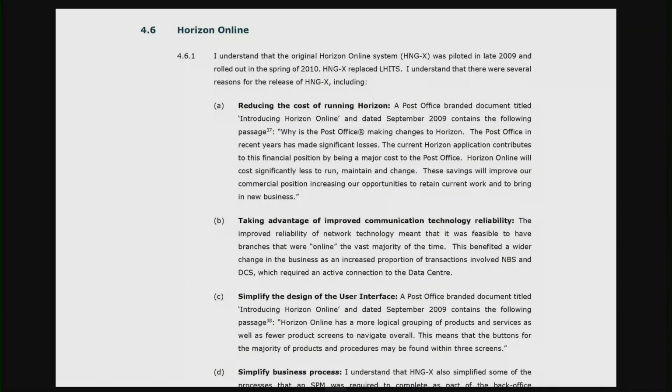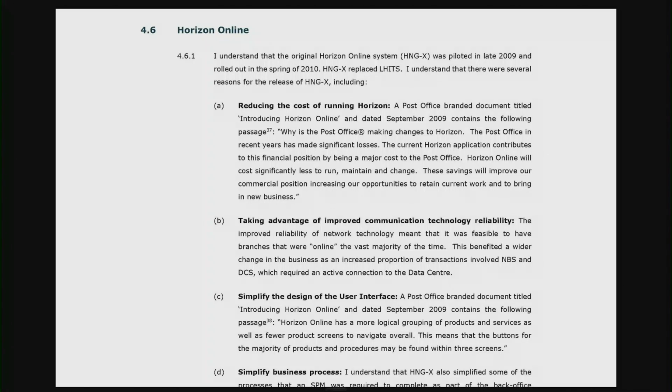You say that you understand that the online system, HNGX, as it was then known, was piloted in late 2009 and rolled out in the spring of 2010. Yes.